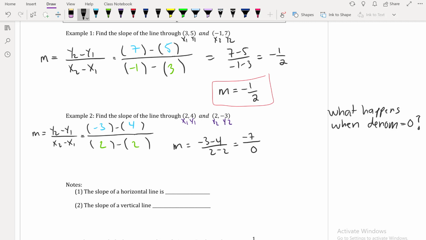Well, if you think about this, that means you have nothing, but you share it with -7 as the numerator. That's how many people you share it with, or numbers, or whatever you want to think about it. And so the fact that you have 0 total and you gave away something doesn't make any sense. So here, this is what you're going to say: undefined. It's not possible to have nothing and share that with somebody.